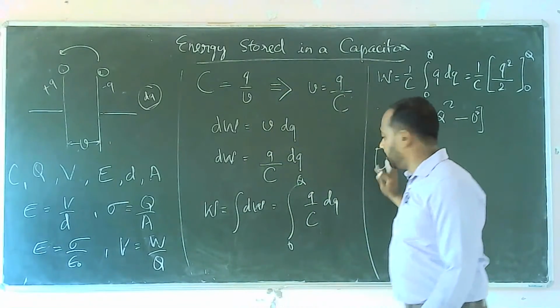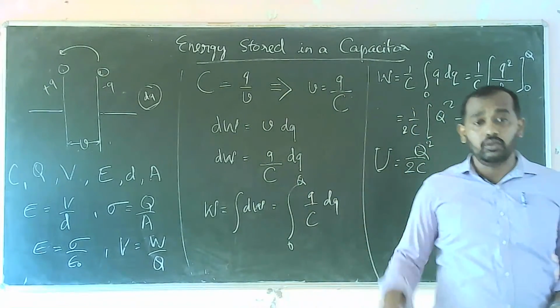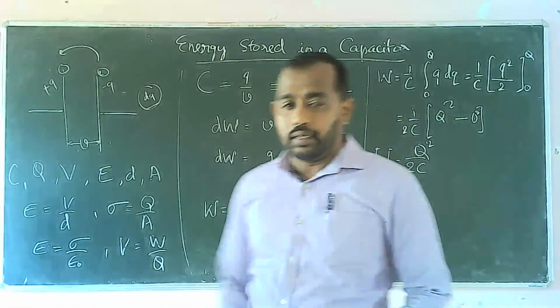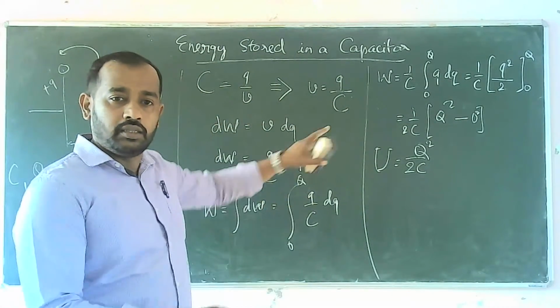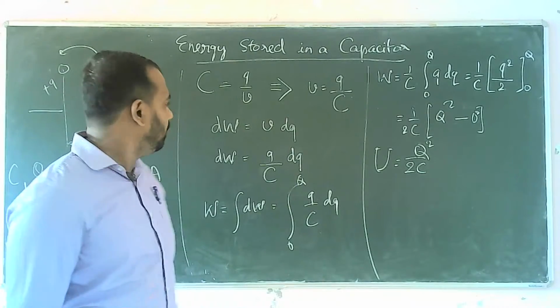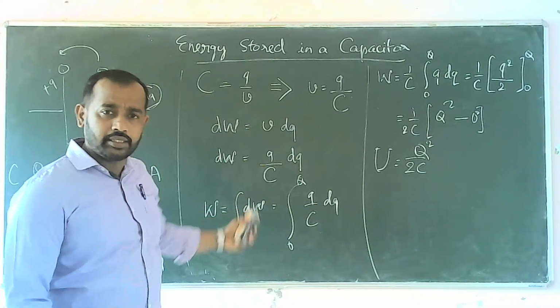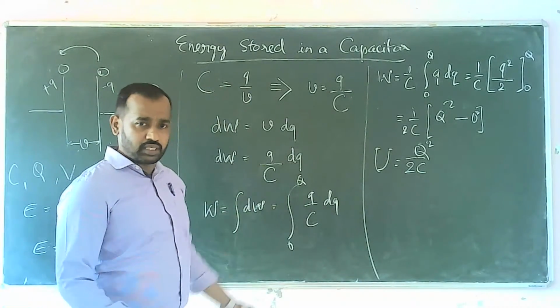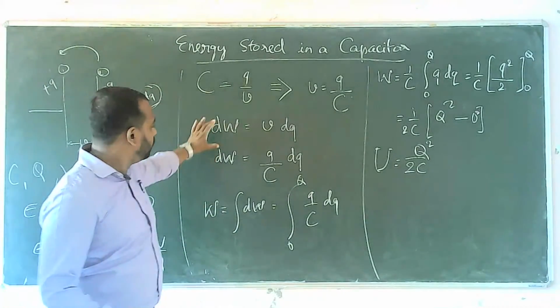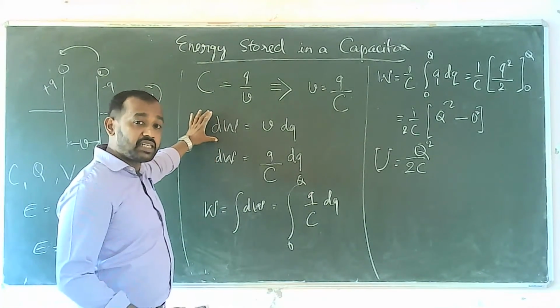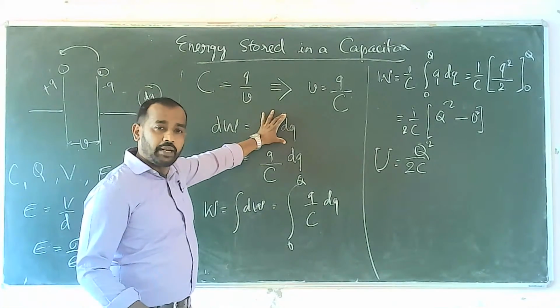Up to this, you have to do. If you are asked to derive the expression for the energy stored in a capacitor, this much you have to do. Simple steps. I have elaborated it, so that's why you can see more mathematical steps. But actually, what we have done? We have considered the expression for the electric potential.